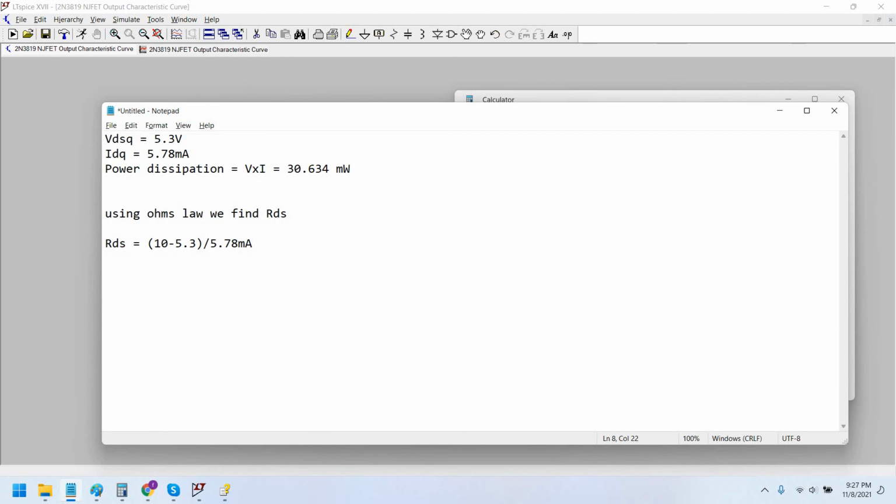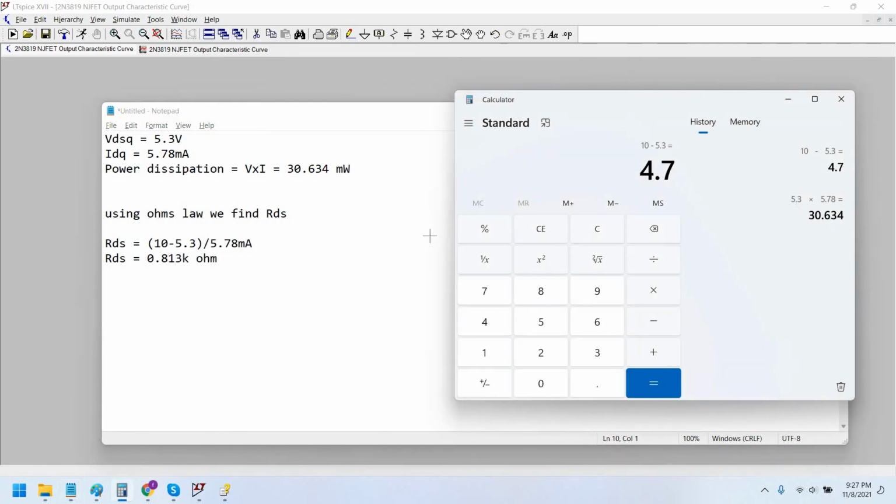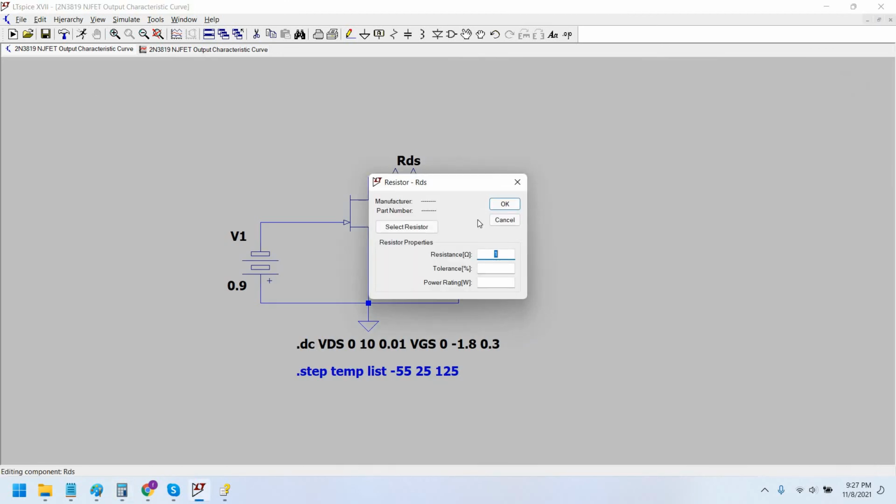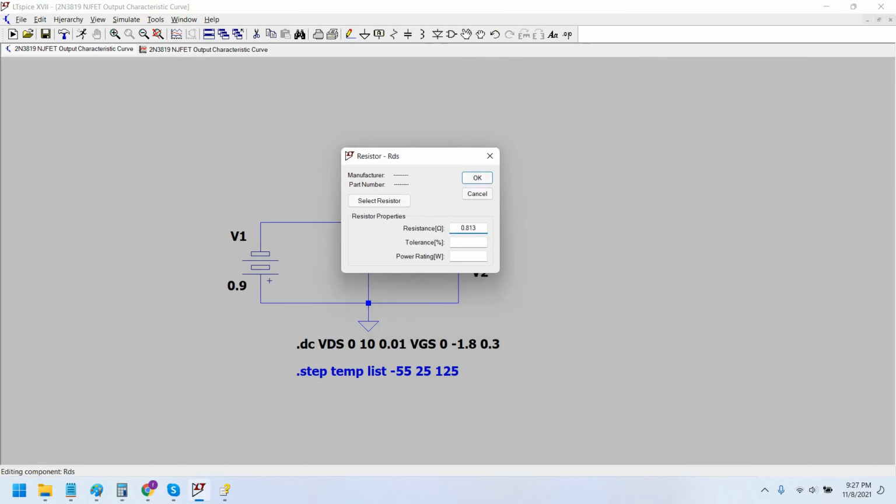So that would give us the value of RDS, 10 minus 5.3 divided by 5.78, that is 0.813 kilo ohm. So we would simply replace this resistor with 0.813 kilo ohms, or in other words 813 ohm.